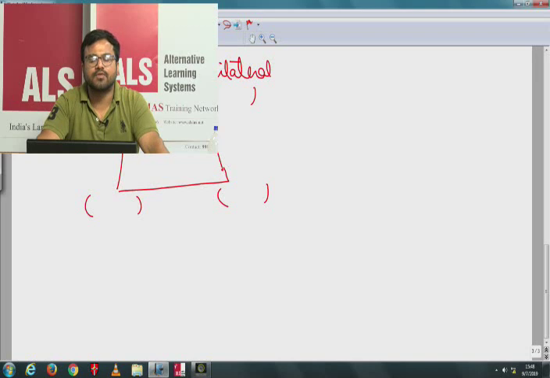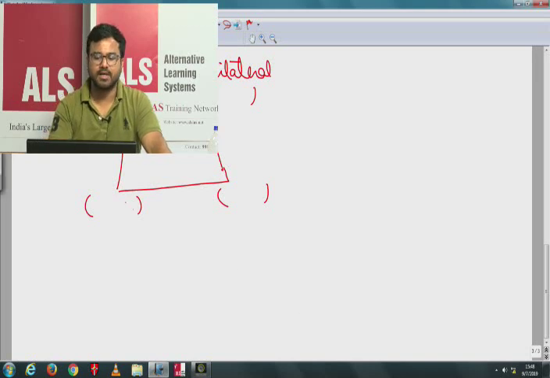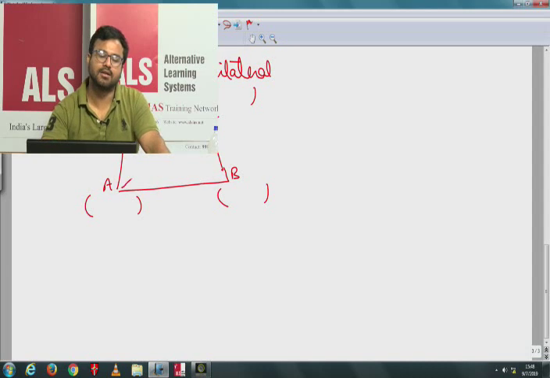So using the same formula, you can draw one of the diagonals. This is A, this is B, this is C, and this is D. So these are the four vertices A, B, C, D, and either you can draw the diagonal AC or BD. Let us say we are drawing the diagonal AC.